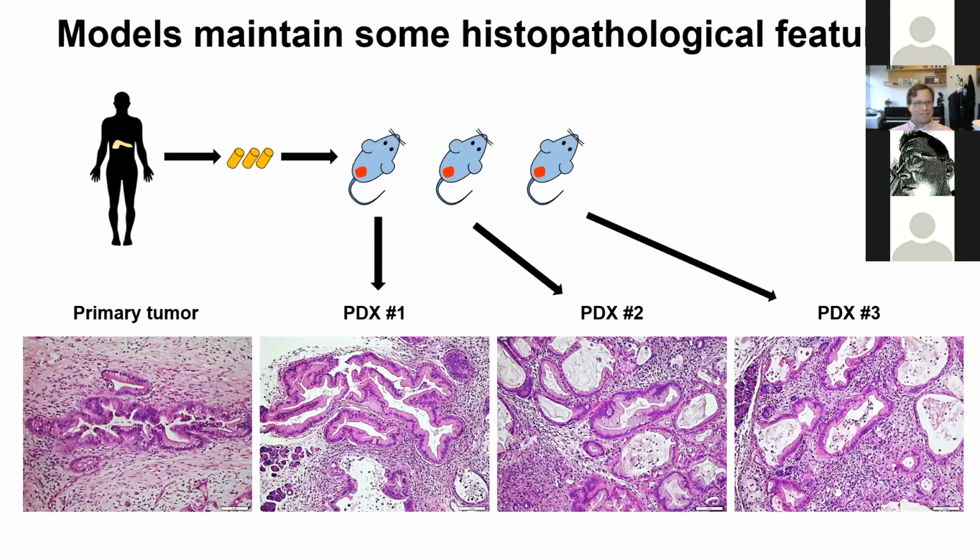As an example, this is a single pancreatic tumor that came from a patient with pancreatic ductal adenocarcinoma. On the bottom left here is histopathology from the original primary tumor of that patient, and then 3 successive first passage PDX models that were derived from that tumor. There are a fair number of similarities. There are some distinctions as well, of course, because we're going into an animal recipient that is compromised for its immune system, so the composition of the stroma is going to be different compared to the primary tumor.